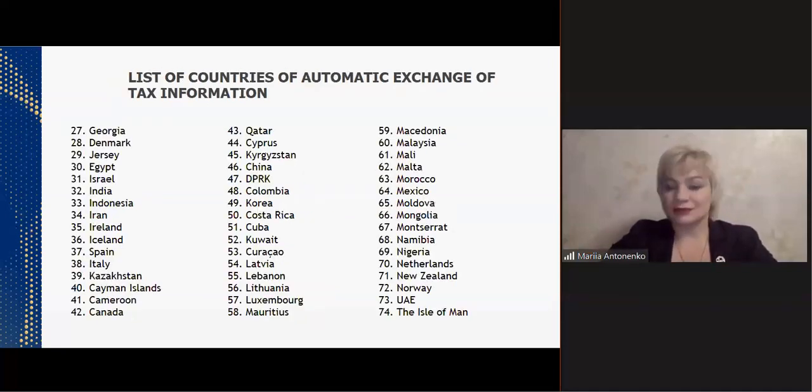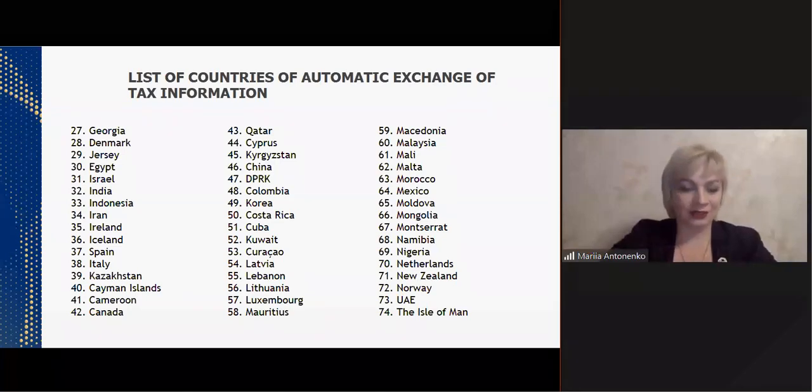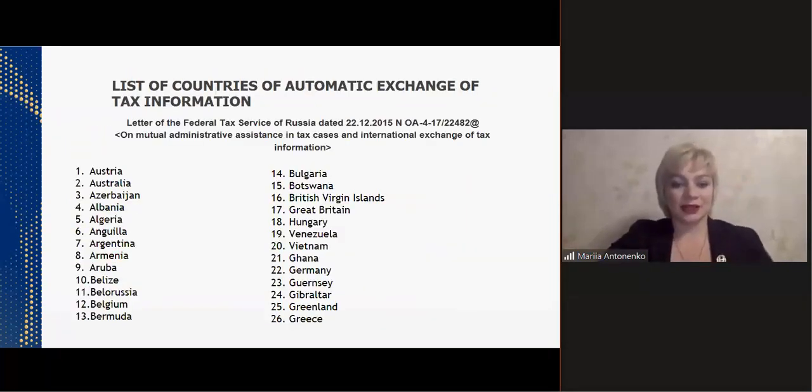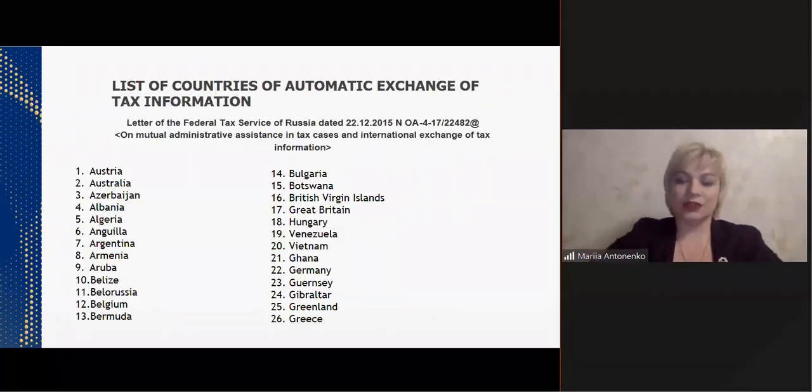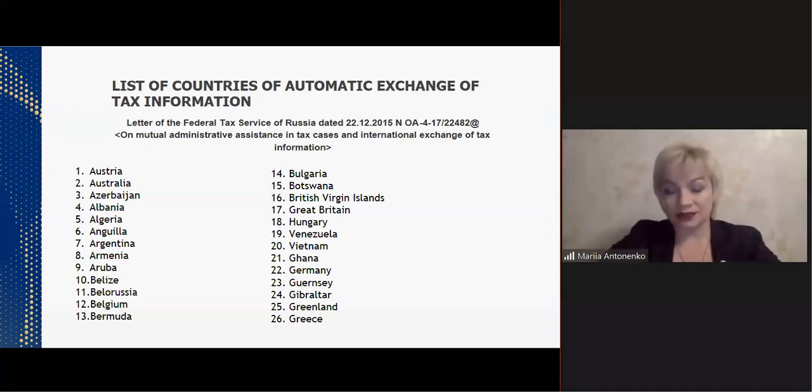As you can see, your Advocash, if we go back, Belize. Let's see if Belize is there. It's number 10, Belize. It's a country where the Advocash payment system is opened. And those of you who use Advocash think that their data is not passed to the taxation authorities. You're wrong.